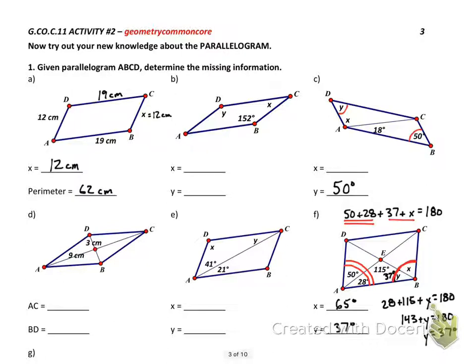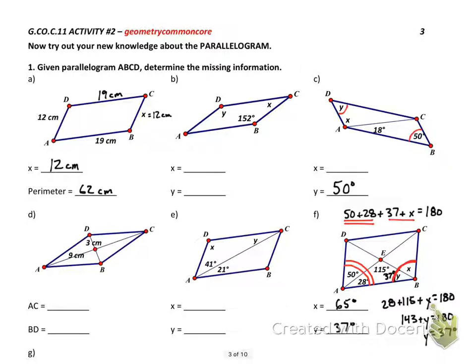Sometimes people will find correct answers but flip them as far as the answer blanks go. They'll know that y is 50, but they'll accidentally put it for x, and you can lose credit for doing that. So make sure you're putting it in the correct blank.